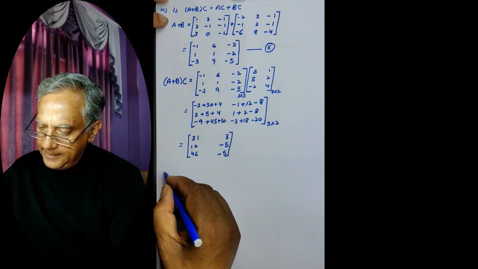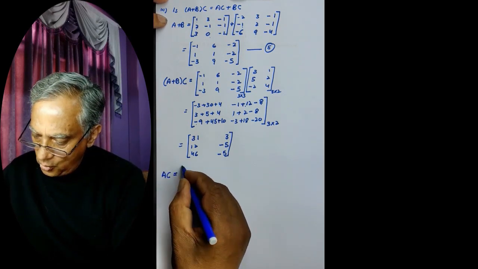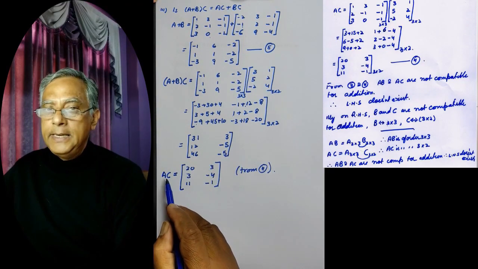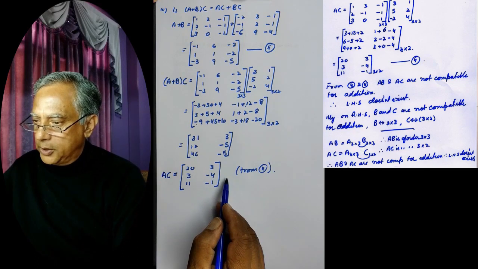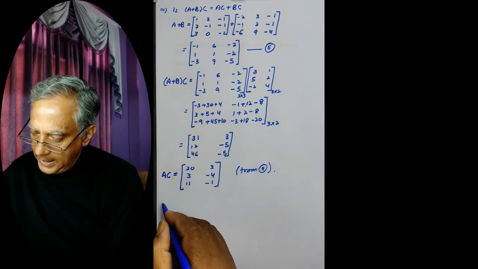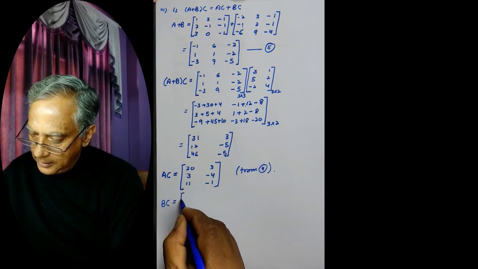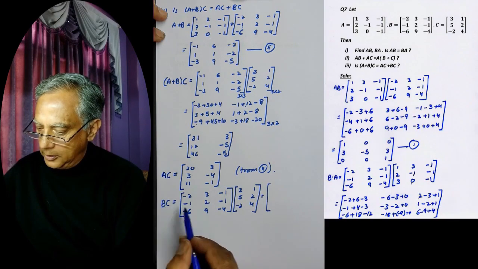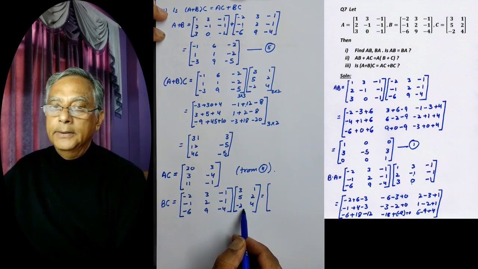Now we find AC. Now AC is equal to, now we have already found AC. AC is equal to this much from fourth equation. And next thing we require is B into C. Now B is this much and C is given to be this much.